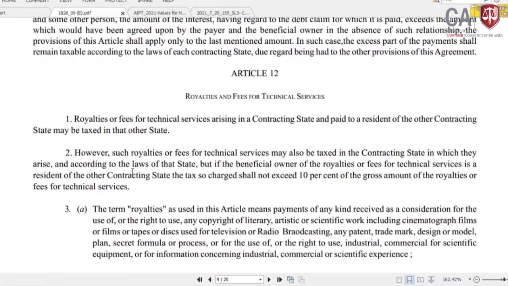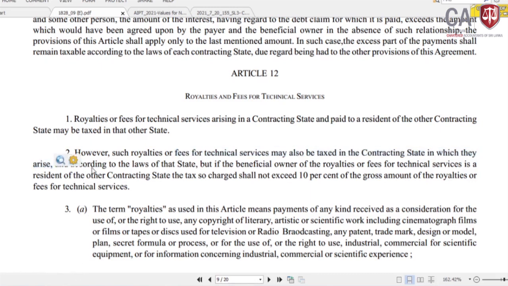Here I am coming to the second paragraph. However, such royalties or fees for technical services may also be taxed in the contracting state in which they arise. What is the contracting state in which they arise? Sri Lanka. This is the source principle, arising in or derived from Sri Lanka; this technical fee has arisen in Sri Lanka. Then we have to pay tax in Sri Lanka, but how?